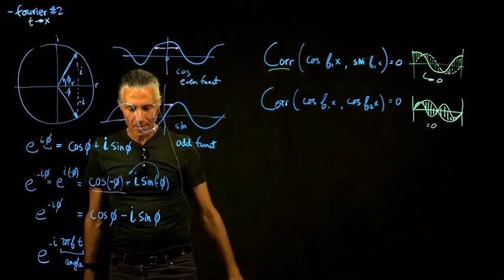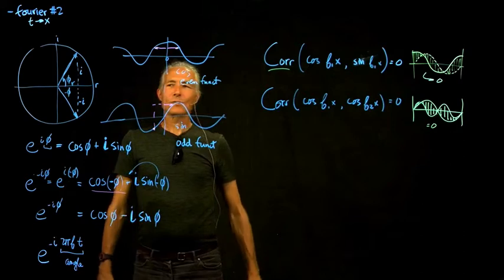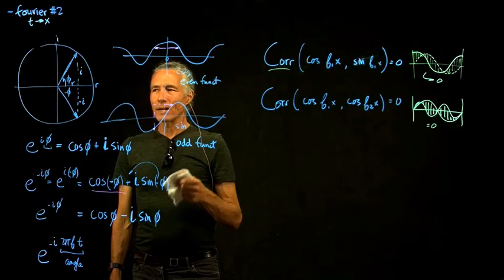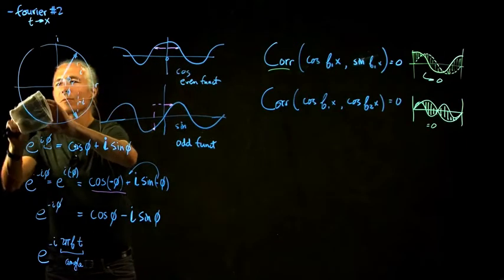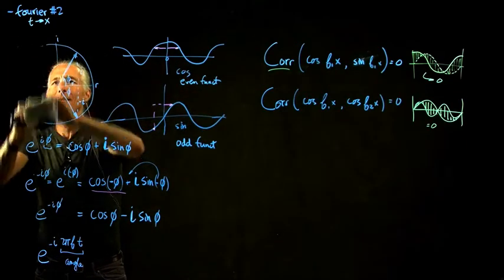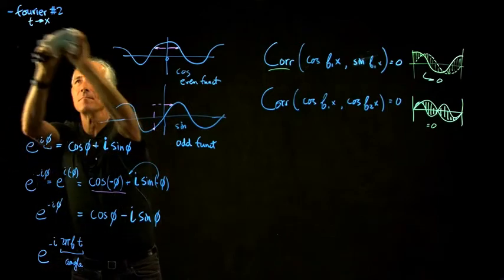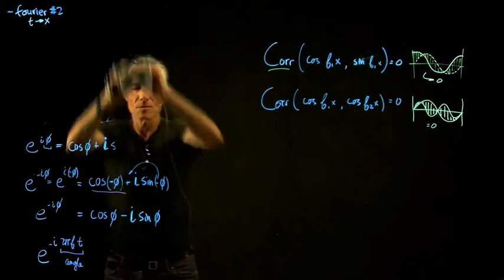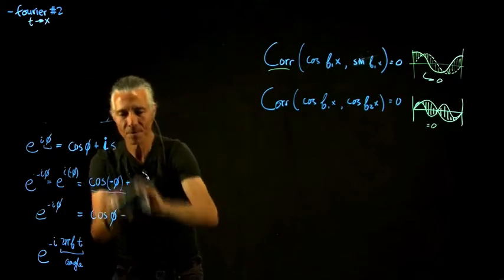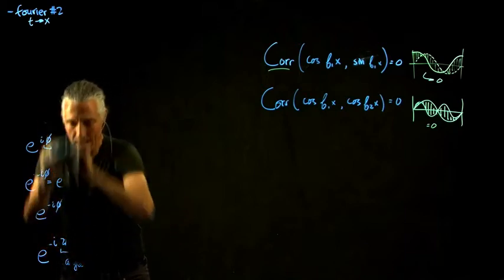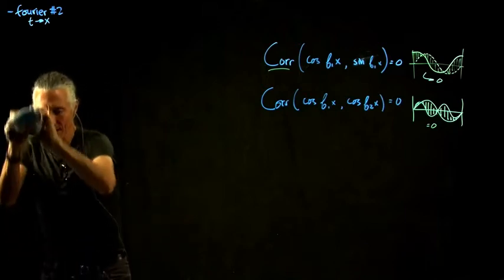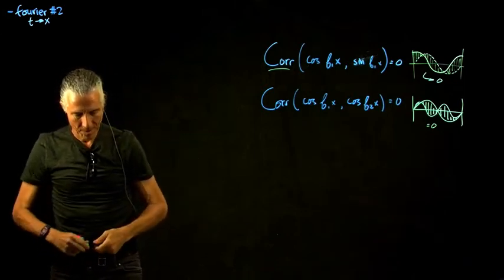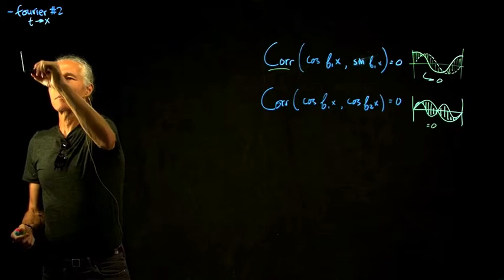Now let's write out the Fourier transform again and directly convert it into space, so we can see what space corresponds to. Here's our original Fourier transform.